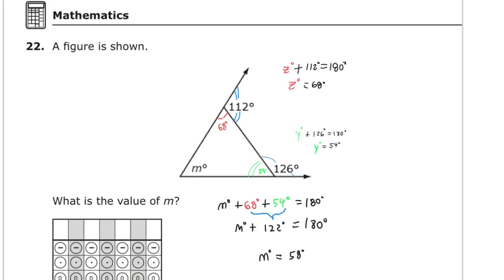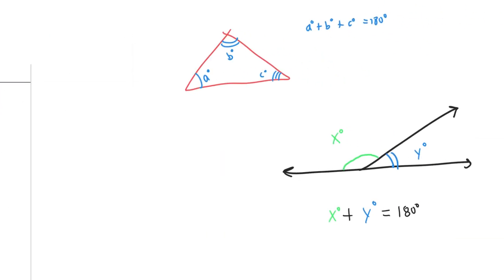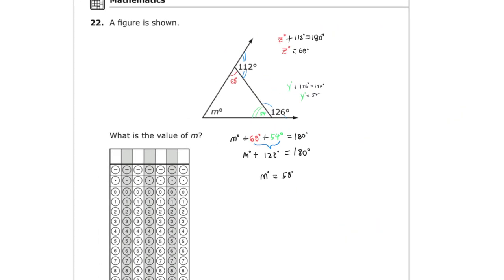That might be the hardest one because not only do you need to know those two concepts that I had talked about before, you need to be familiar with both of these concepts, but also you need to spot what's going on over here and recognize that that's a linear pair, and you need to recognize that you could set up this equation and solve for y, you could set up this equation and solve for z.